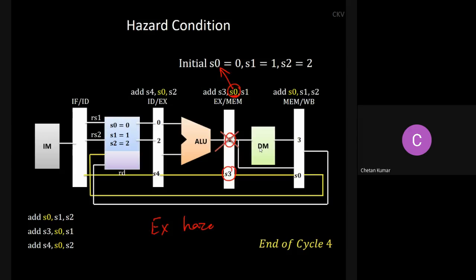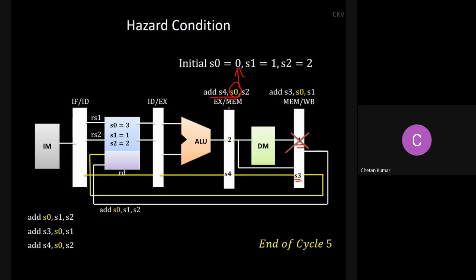Now, if I go for one more clock cycle, at the end of clock cycle 5, the wrong result has already passed. Since the values were available here for this instruction also, this would also read the old value of S0, and you could have computed the value as a sum of S0 and S2, which is 2, whereas the correct expected value should be 5.